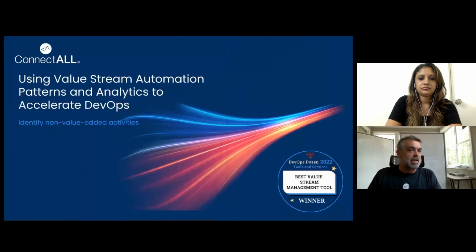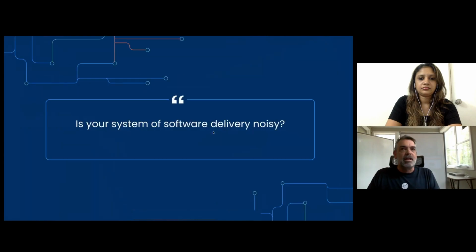Getting back to the presentation, what Soumya and I have uncovered is that software delivery is a little noisy, right? Remember we were talking about how there's just a lot of noise that happens that slows things down.